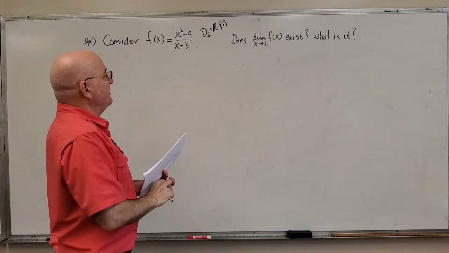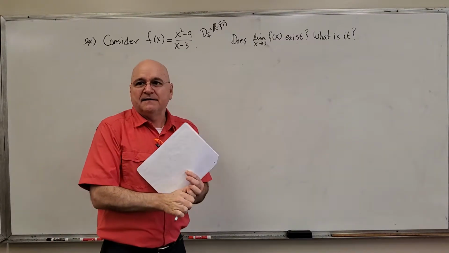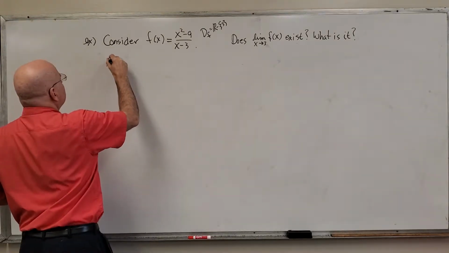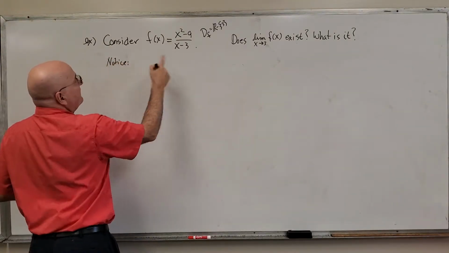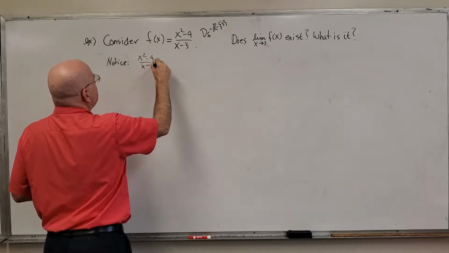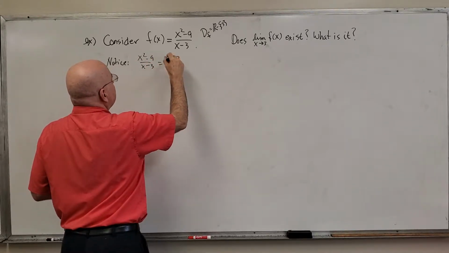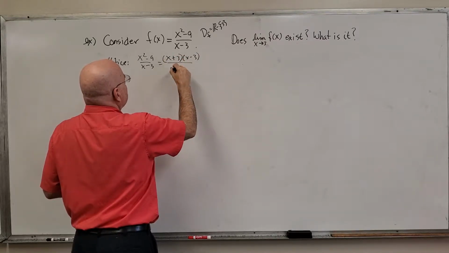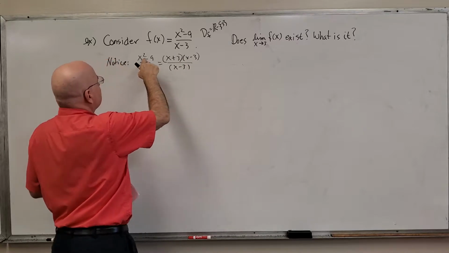And this is a nice function in that now that we know that, we can simplify it. Notice that (x squared minus 9) over (x minus 3) is (x plus 3)(x minus 3) over (x minus 3), because the numerator is the difference of two perfect squares.